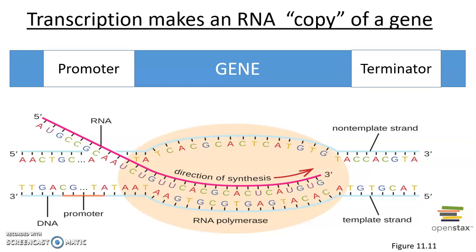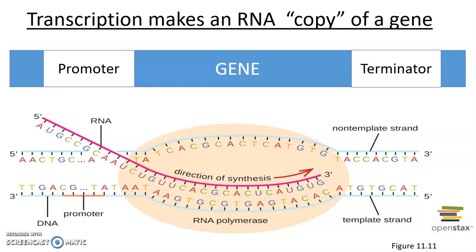Just like in DNA replication, where there is an origin of replication that tells the cell where to start, there is a set of signal sequences built into the DNA that indicate this is the start of my gene. These are known as promoters, and they're just short little sequences in the DNA that the enzyme RNA polymerase is able to read.